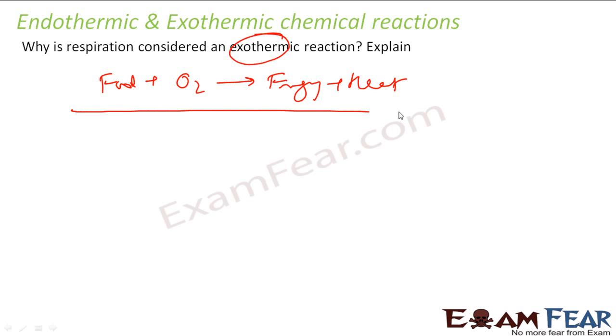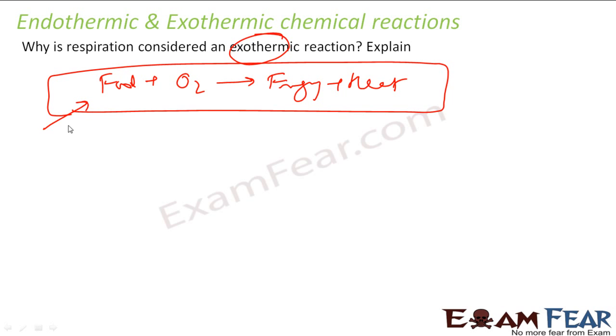This is the typical equation for respiration. In this case, the heat is coming out, and since the heat is coming out, it is an exothermic reaction. Hope you understand this. In respiration, you have food in the presence of oxygen, and the body uses catalysts and enzymes, so this produces energy and heat.